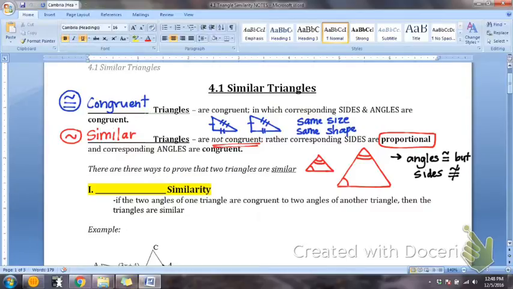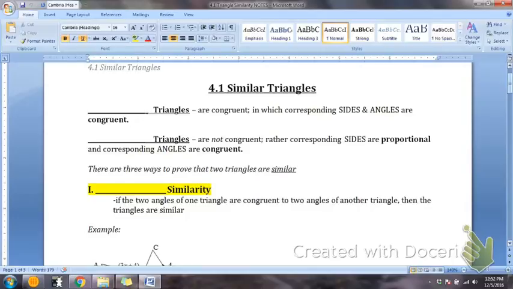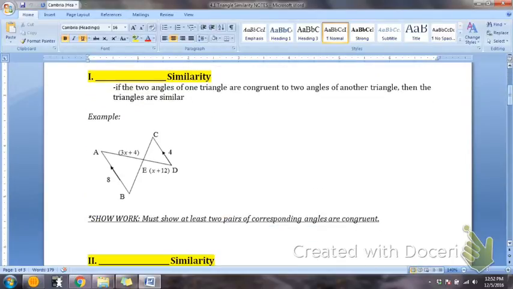So we're going to talk about 3 ways to prove that triangles are similar. So prove that 3 different ways that triangles are similar. This one says if 2 angles of one triangle are congruent to 2 angles of another triangle, then the triangles are similar. Did it say anything in there about sides? 2 angles of one triangle are congruent to 2 angles of another triangle.